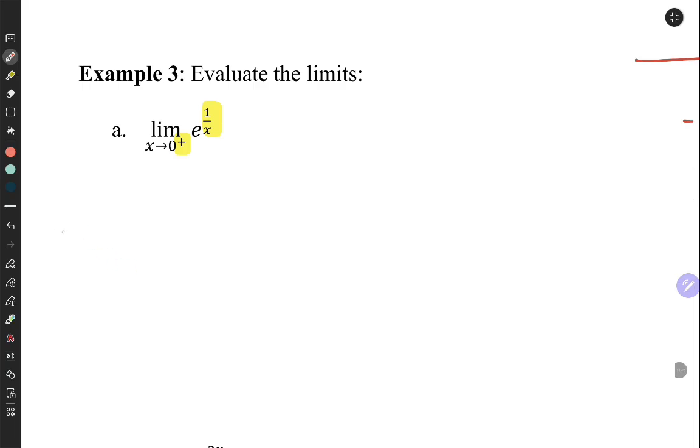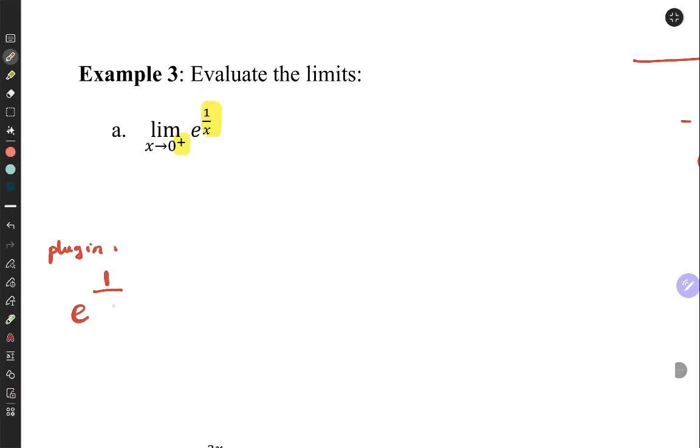I'm going to do it manually. Plug in: because it's 0 from the right, I want you to choose a number on the right of 0 that's really close to 0. What would be your first thought?